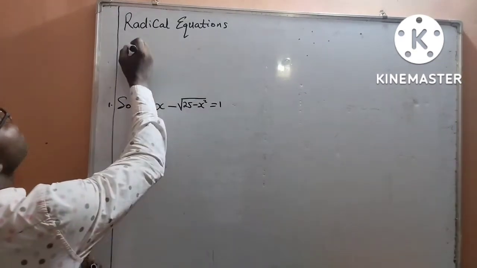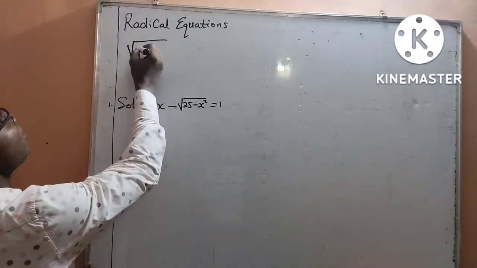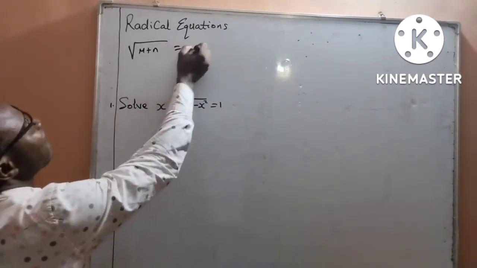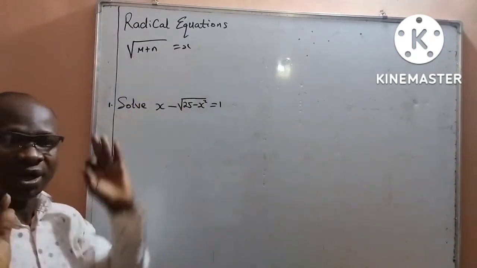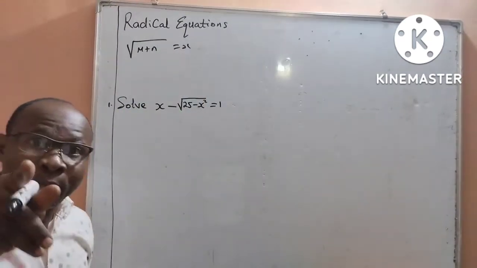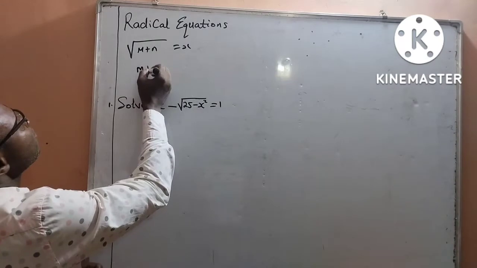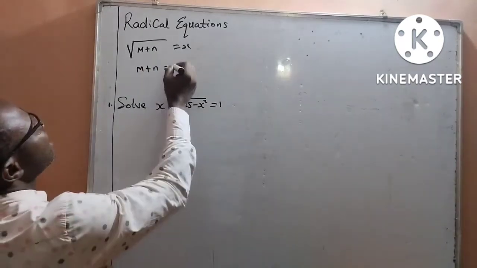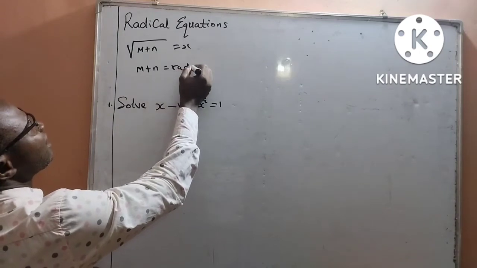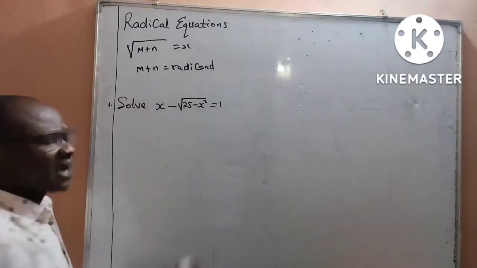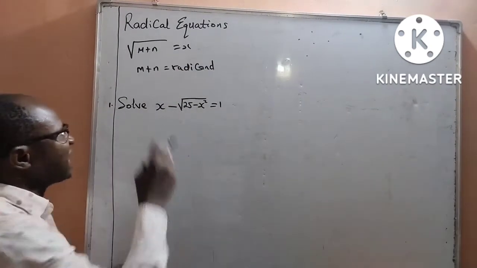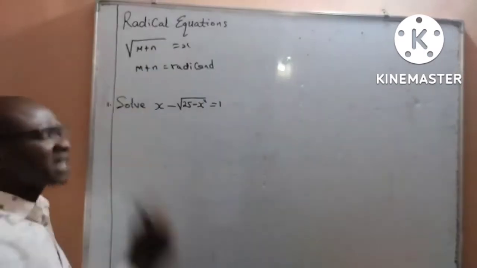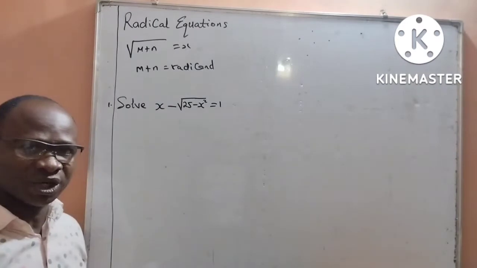Example, if I give you the square root of m plus n equal to x, this is called a radical equation. But m plus n is called the radicand, while the equation itself is called the radical equation.